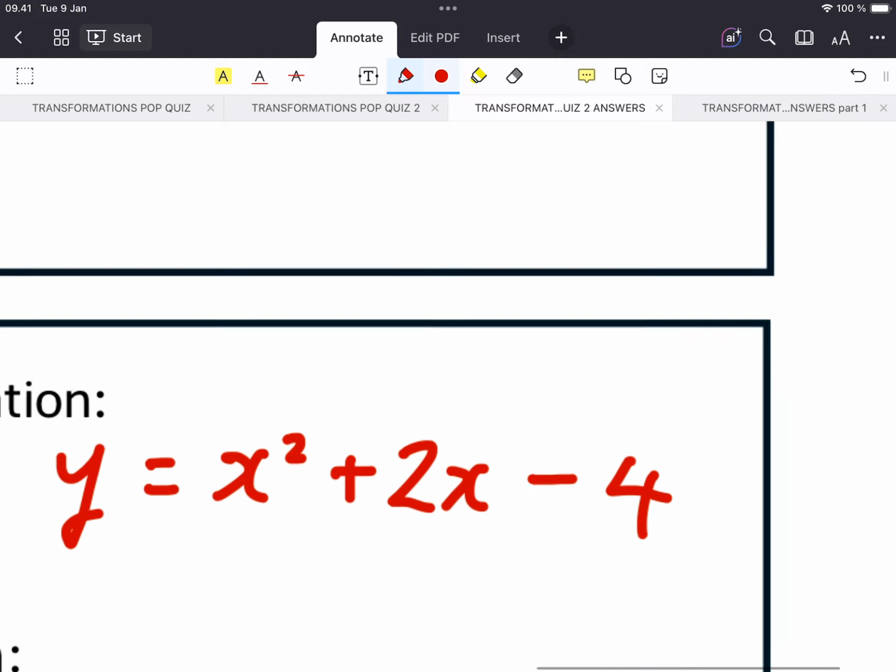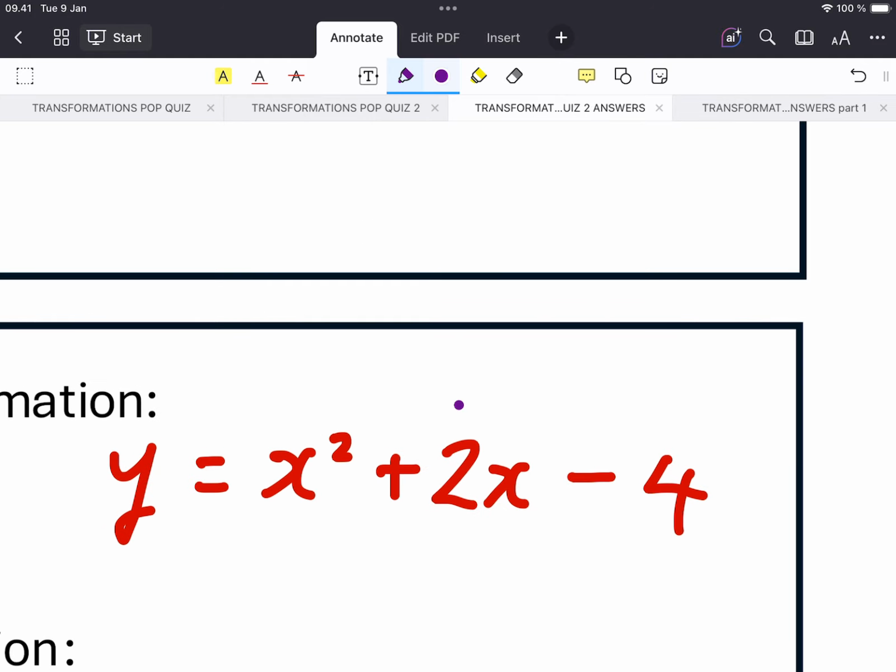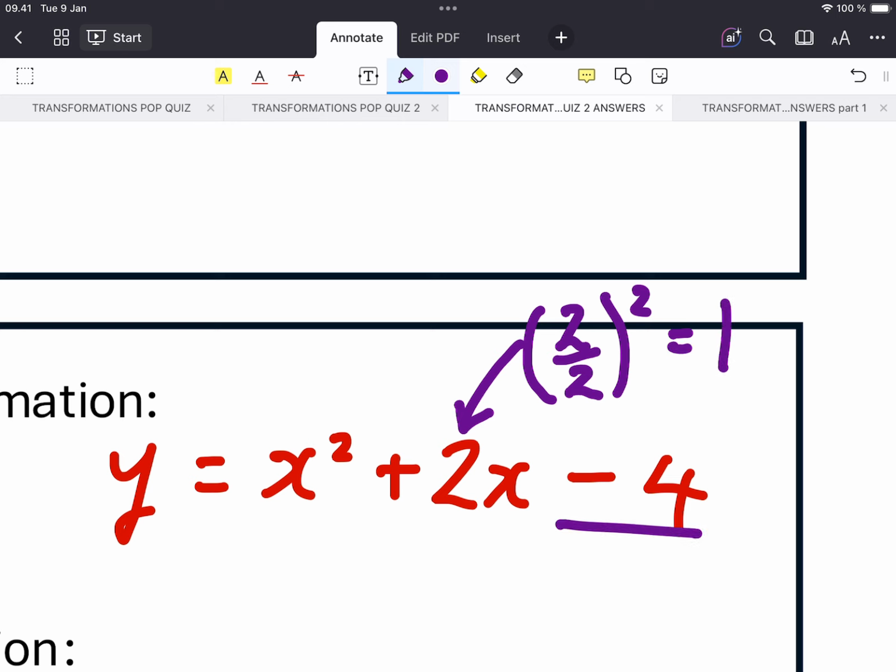So the trick to that is to look at the equation, look at the coefficient of x, which is in this case 2, halve that and square that. So you do all that. In this case it gives you 1, which means that we want to write this -4 as something involving 1.